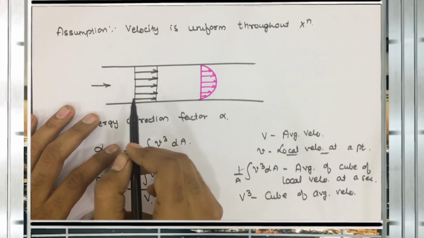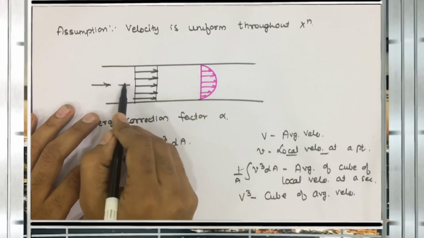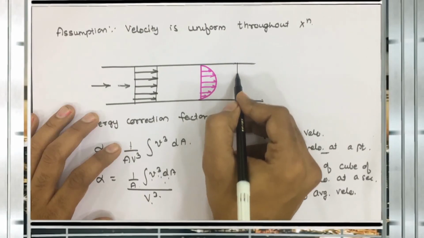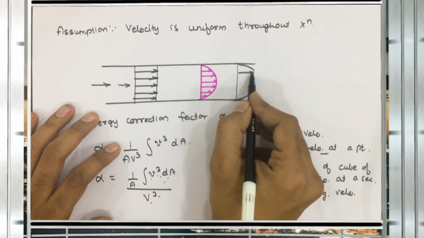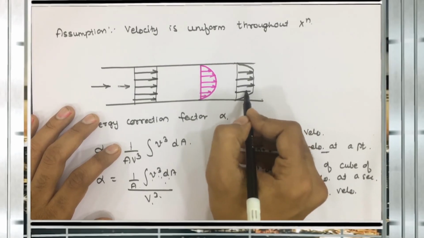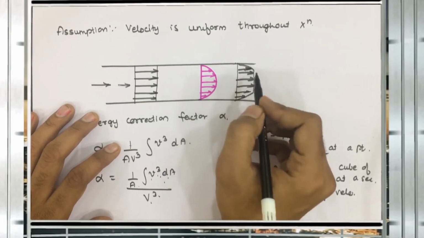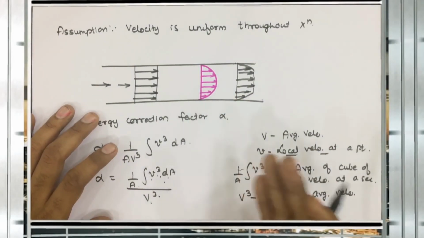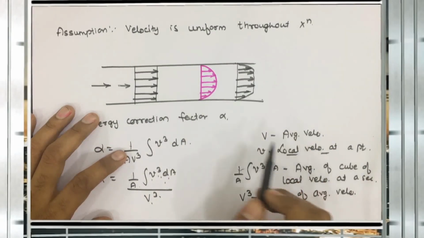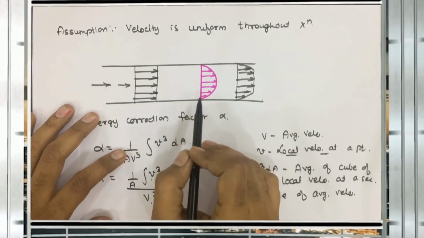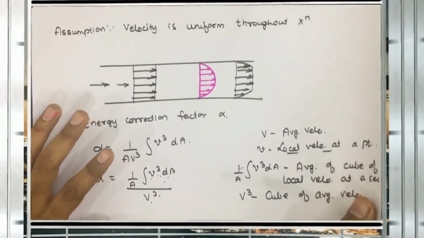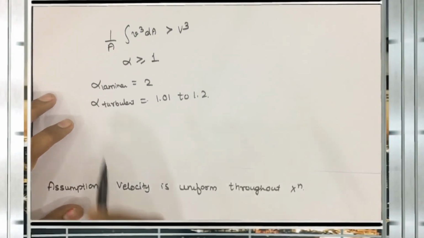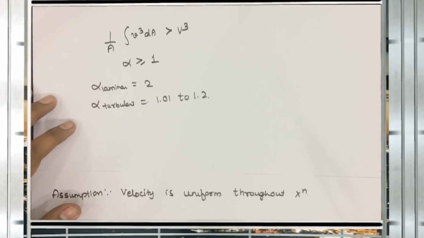On the other hand, if the fluid is moving with a very fast velocity, the velocity will be almost uniform throughout the section. So turbulent flow follows our assumption that the velocity is uniform throughout the section, while in laminar flow velocity is non-uniform. So the value of alpha is more for laminar flow and less for turbulent flow.